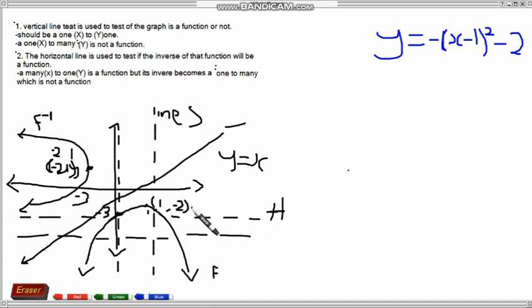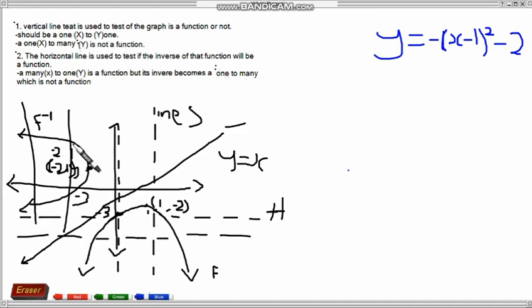The function was a many-to-one when you're using the horizontal line test, and when you're using the vertical line test, it was one-to-one. It was only touching the graph once. But now let's take the vertical line test and use it to test this graph. As you can see, this is not a function.